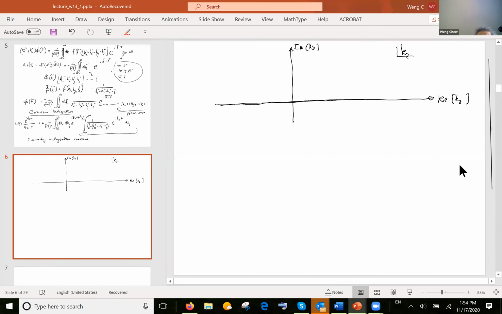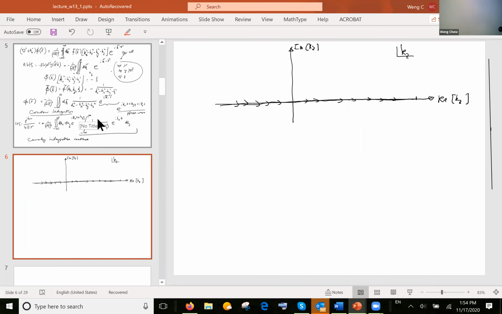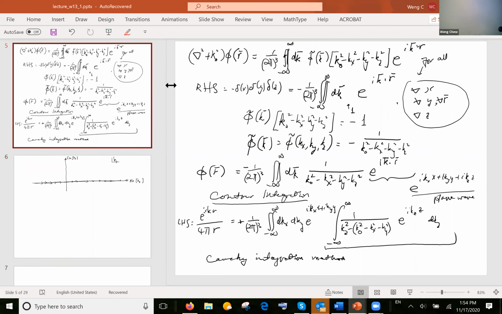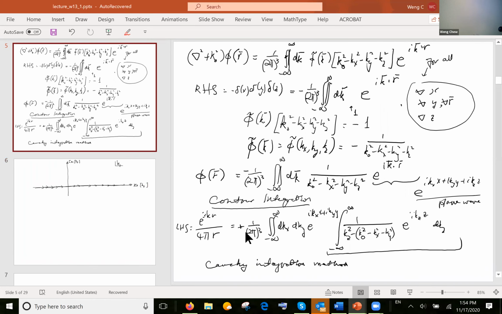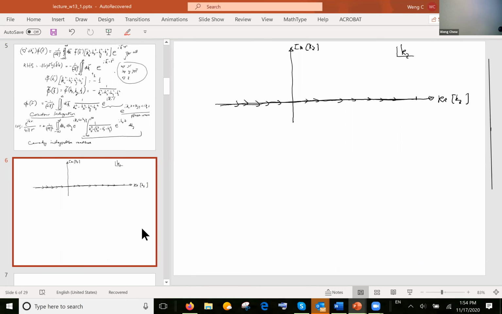I'm integrating on the real axis, and this is what I do as I integrate from minus infinity to plus infinity. Okay, can you see that?